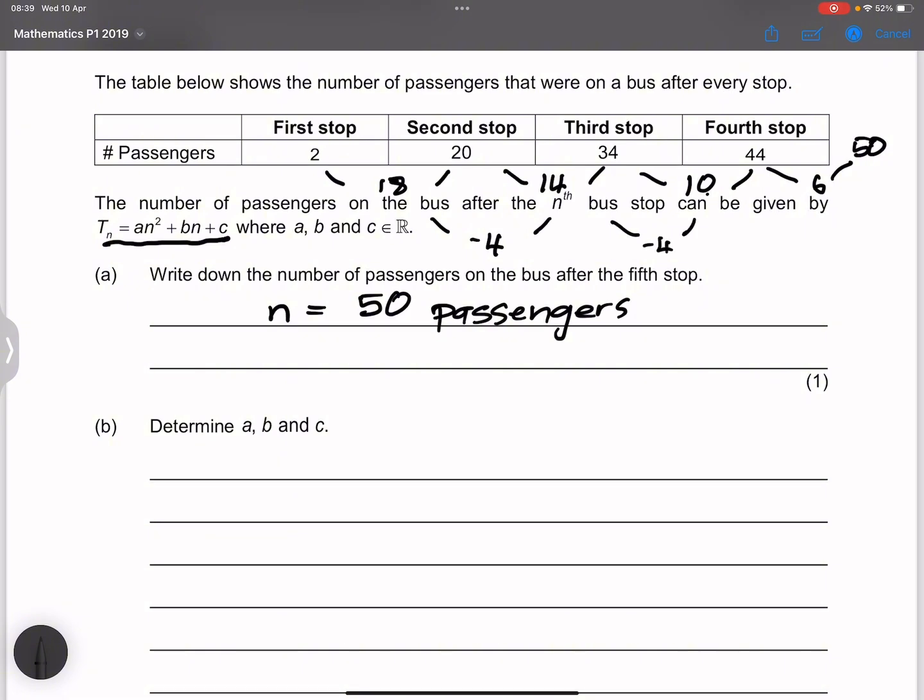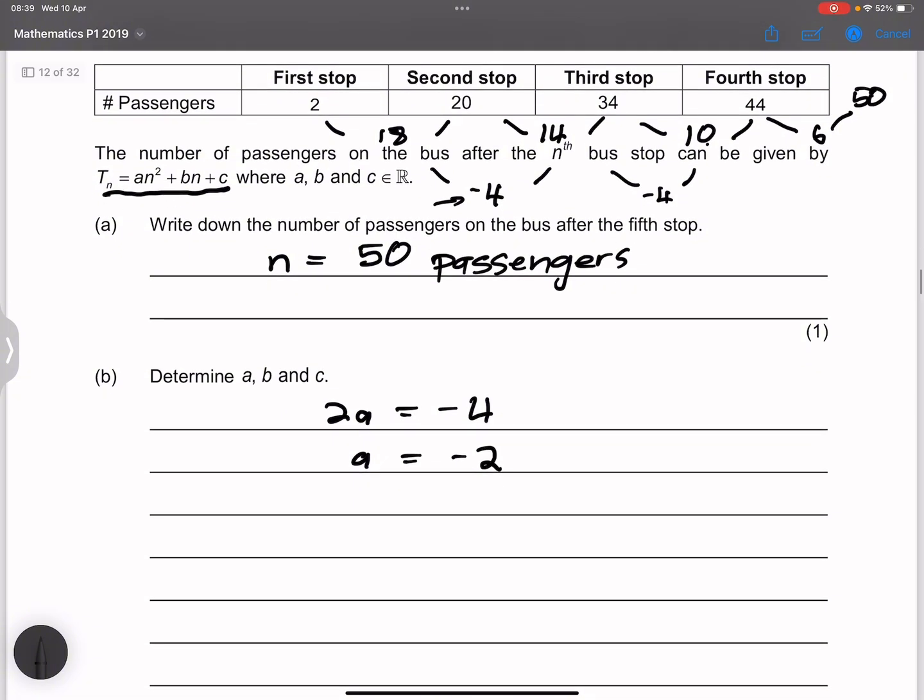Okay, so that's our second difference. So what do we do for a quadratic sequence? All we simply say is 2a, right? That will be equal to the value of our second difference. So our 2a is going to be equal to -4, so a will be equal to -2, right?